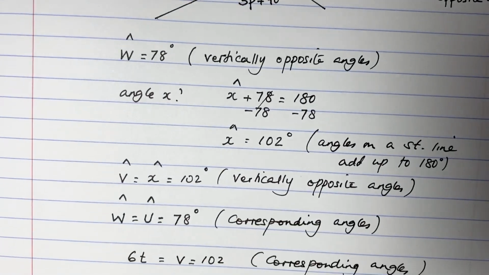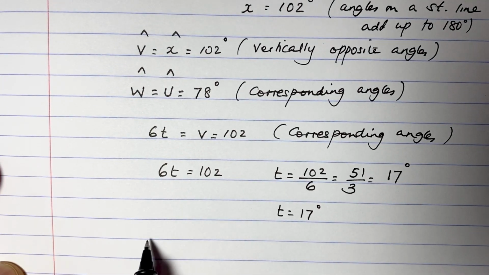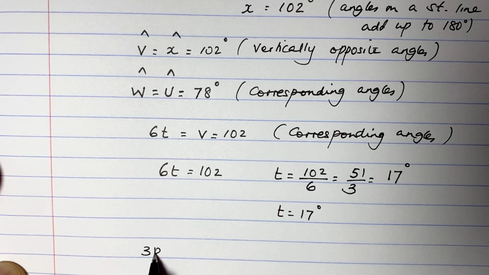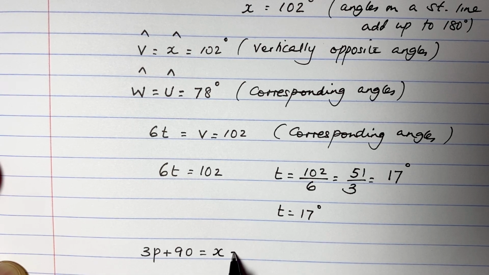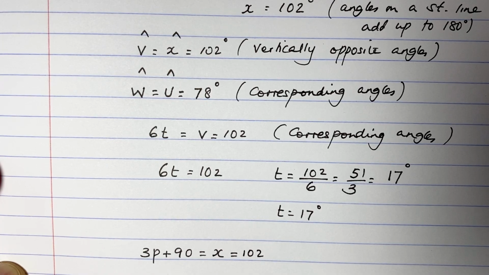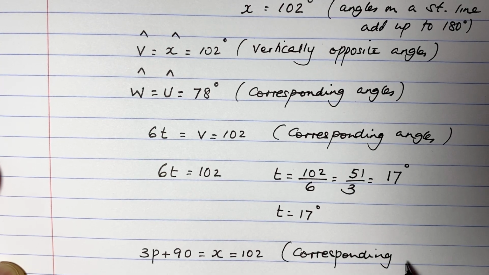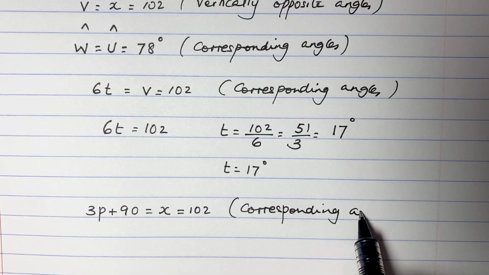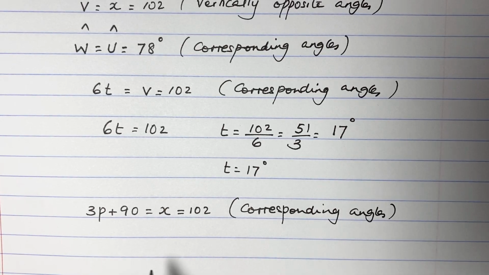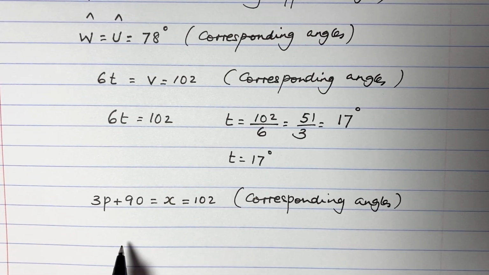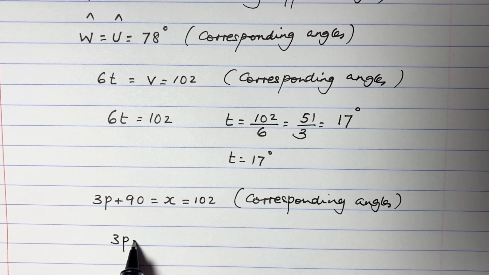I would say 3p plus 90 equals x, which is 102 degrees. Corresponding angles. So we have an equation here, 3p plus 90 equals 102.